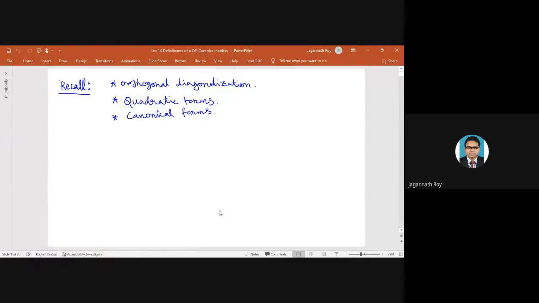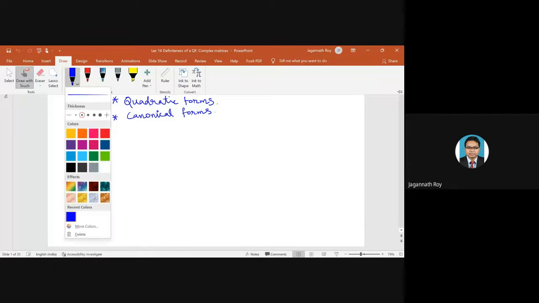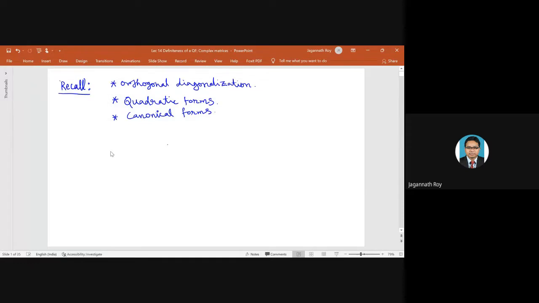This is just to recall what we have discussed in the earlier class. Previously we have discussed the concept of orthogonal diagonalization, which is applicable for symmetric matrix.